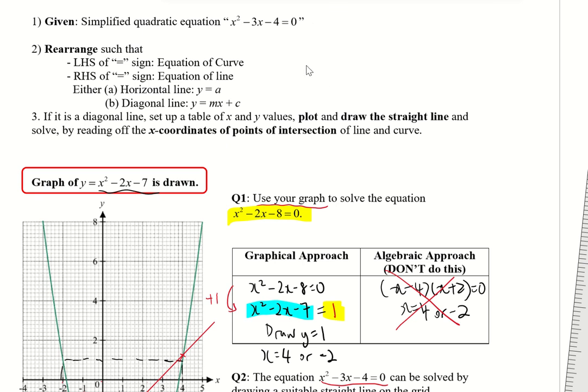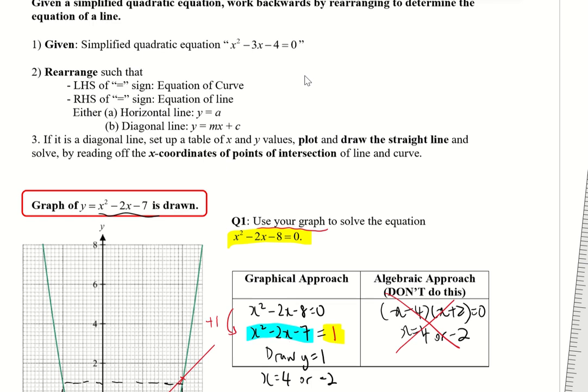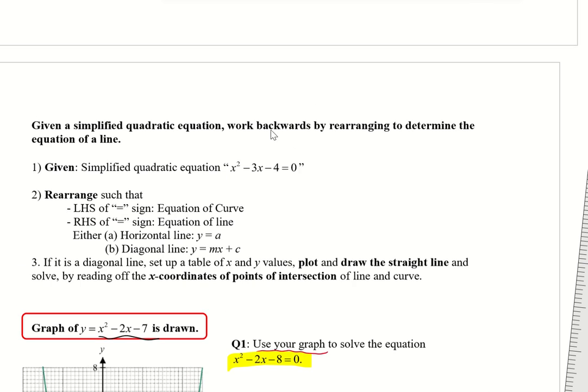That's how we solve a quadratic equation graphically, by working backwards to rearrange and determine the equation of a straight line. Okay, that's it.